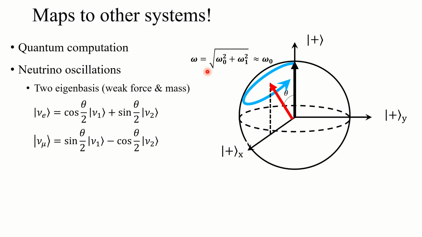Then after the decay, there is a different Hamiltonian because there's no longer that weak force interaction. It's just what they call the mass eigenstates, or what the energy eigenstates are. And so you have two different bases, and both of those describe an energy eigenbasis depending on where you are in this process.